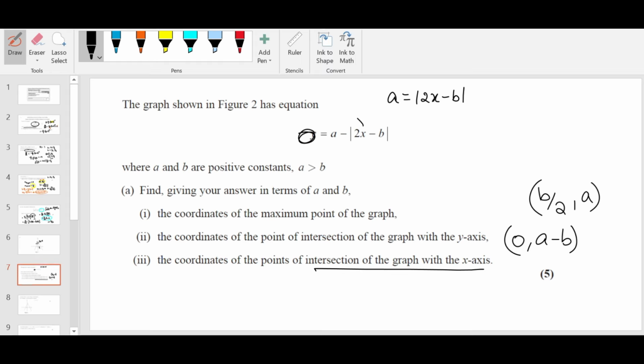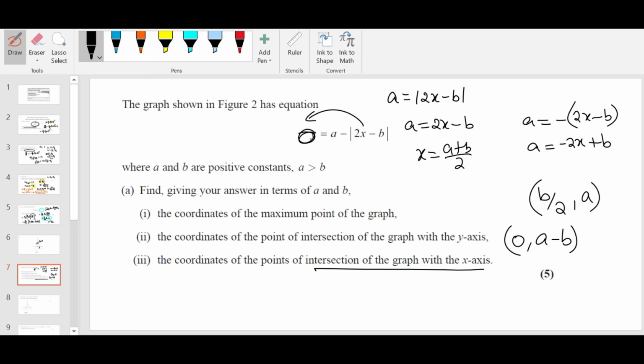When you put this modulus 2x minus b on this side, take the positive and negative argument separately. a is 2x minus b, or a is minus of 2x minus b. Make x the subject. You get x is equal to a plus b over 2. Here a is minus 2x plus b. So you will get b minus a divided by 2.